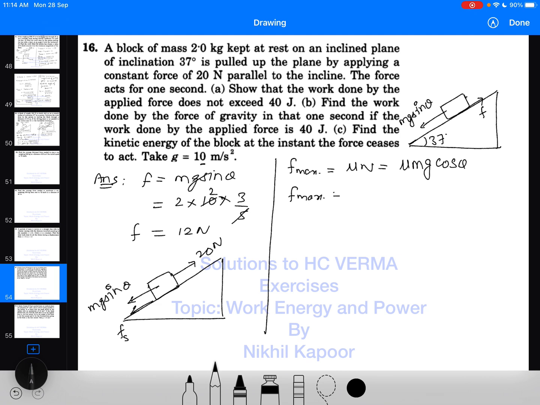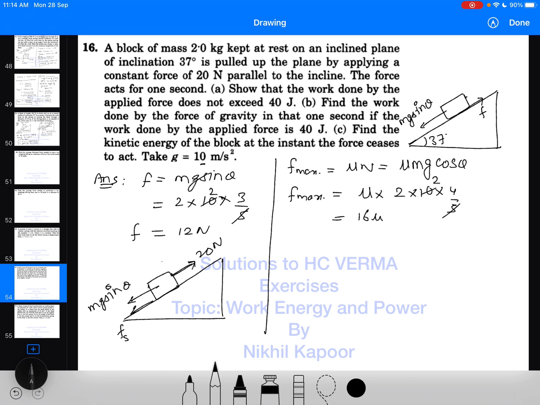So let's find the maximum value of static friction. Here, as mu is not known to us, mg is 2 into 10 into cos 37, which is 4 by 5. So 4 twos are 5 twos are 10, 2 twos are 4, and 4 fours are 16. So the maximum frictional force is 16 mu.